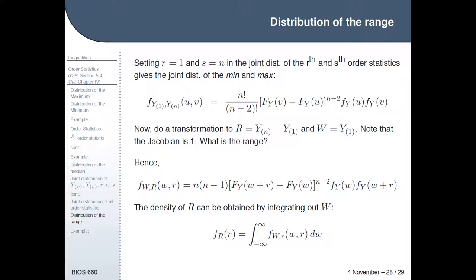So if you want to find the density of R, then you just have to integrate the above expression with respect to w. So kind of ugly, but doable, particularly if you have a computer that will do this integration for you.